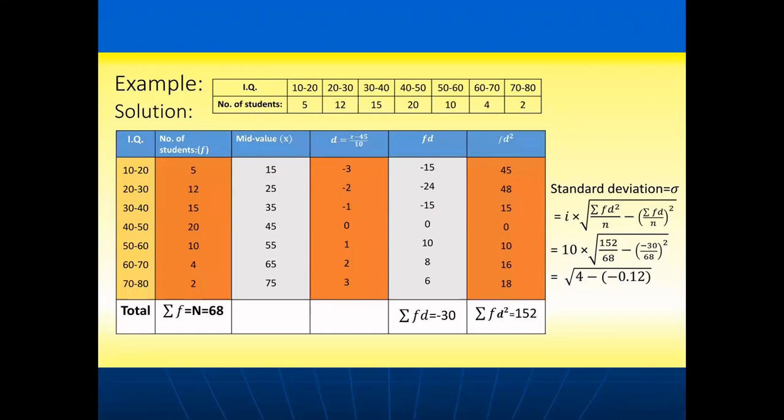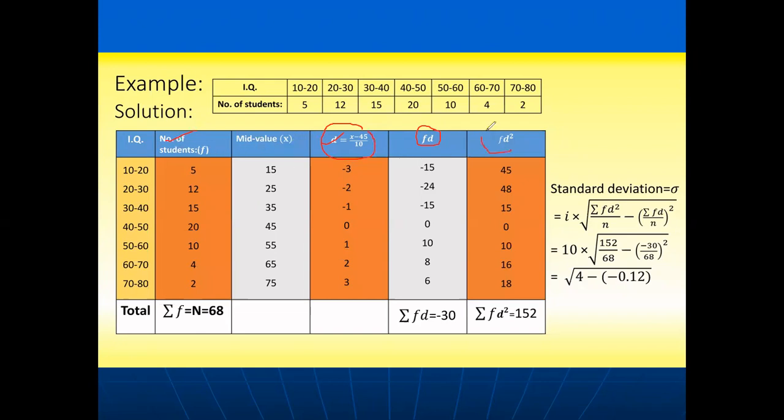d is equal to x minus a. We are going to assume a as 45, and we know the size of the class interval is 10. Based upon that, we are going to get this deviation. Then we have to calculate f into d, that is, the frequency into the d column we have to multiply to get fd. Then separately we have to take d square, and d square has to be multiplied by f.